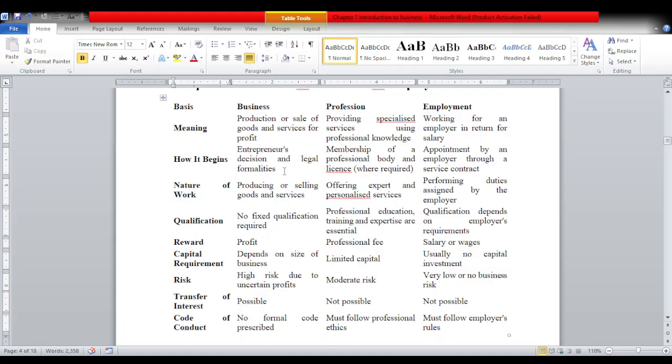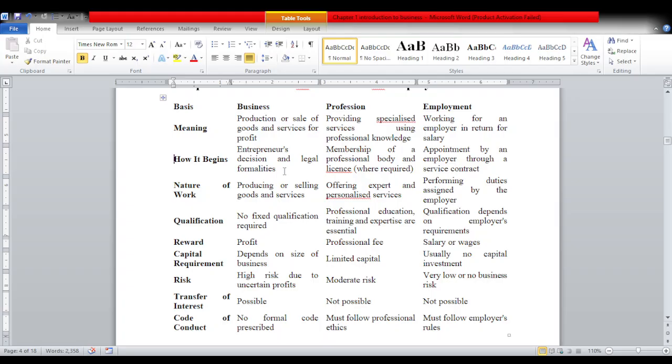Next, how it begins: entrepreneurship decisions and legal formalities. If you start a business as an entrepreneur, you have to take decisions and follow some legal formalities. For a professional, you have to be associated with professional bodies and take a required license. So you become a member of a particular professional body.